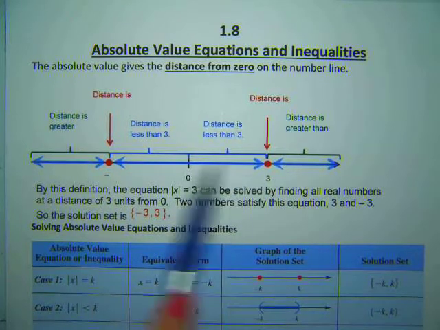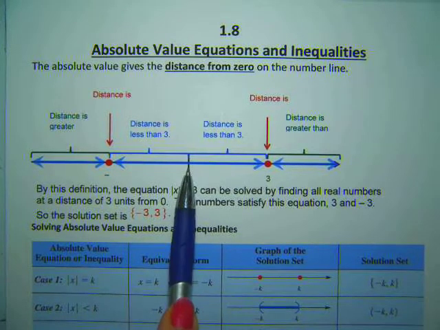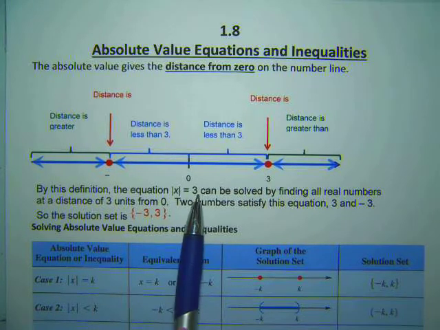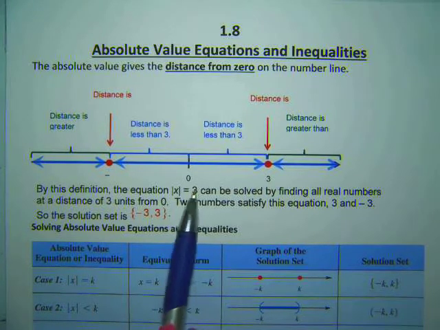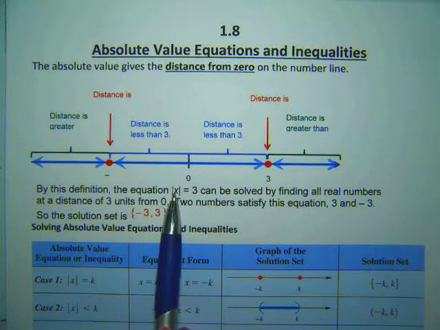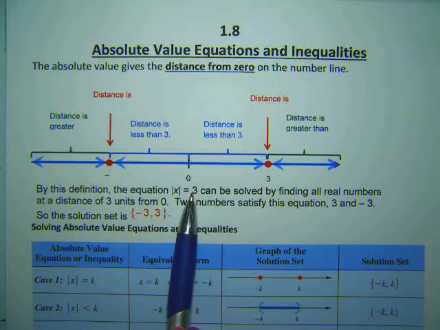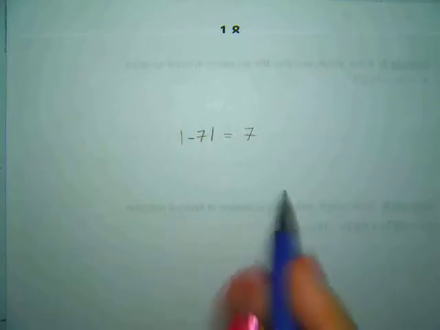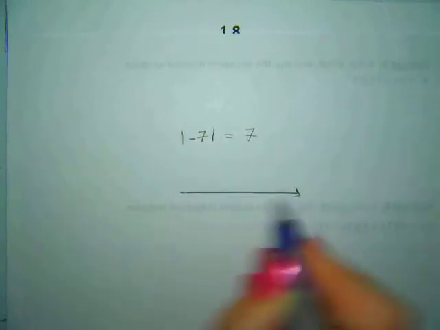On the number line, if we have the 0, then the absolute value just gives the distance from the 0. When I say something like the absolute value of x equal to 3, what we really mean is that x is 3 units away from 0. Here's my 0.